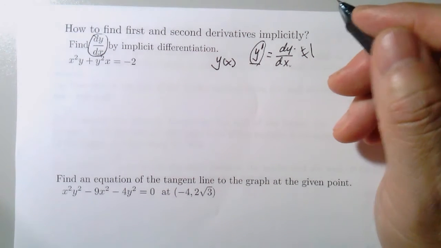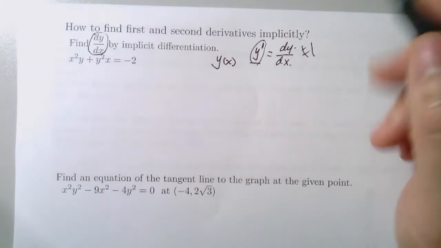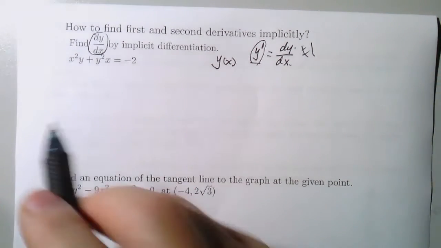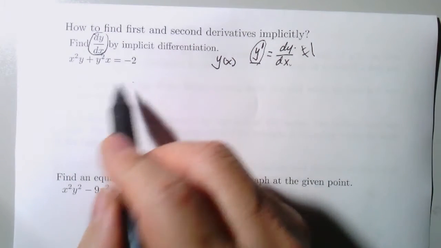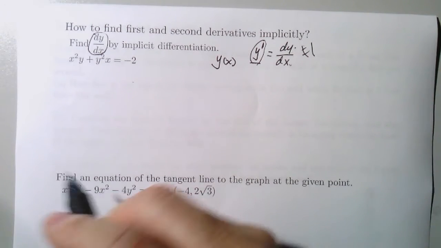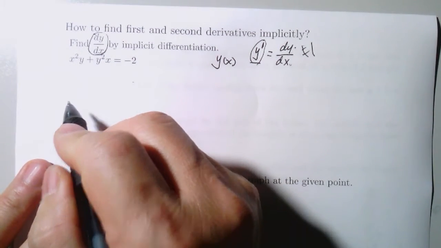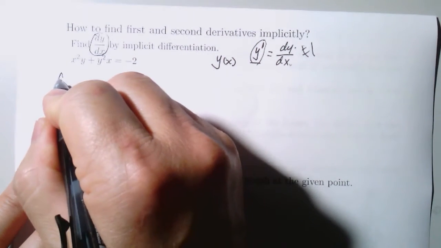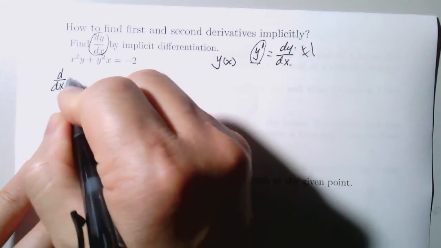Okay, so now let's take a look at how we find dy dx for this equation. What we try to do here is differentiate this equation on both sides.